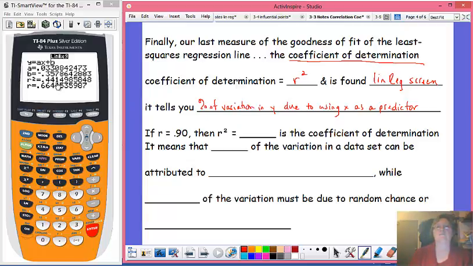About 44% of variation in GPA is due to using IQ as a predictor.